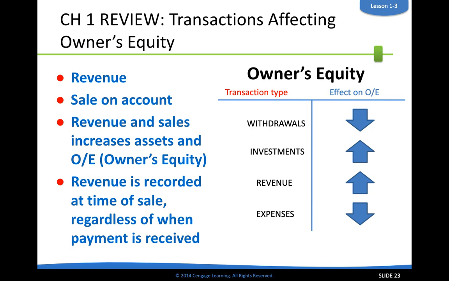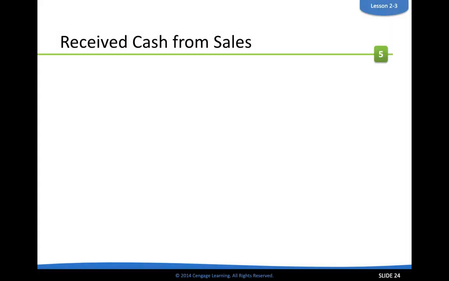So this is just a little review from chapter 1, but these concepts all deal with owner's equity, and then they're going to deal with other types, asset accounts, possibly some liability accounts as well. We're going to be doing the same thing that we were doing in the last lesson, in lesson 2.2, applying those same 4 questions to each of these transactions as we go through.